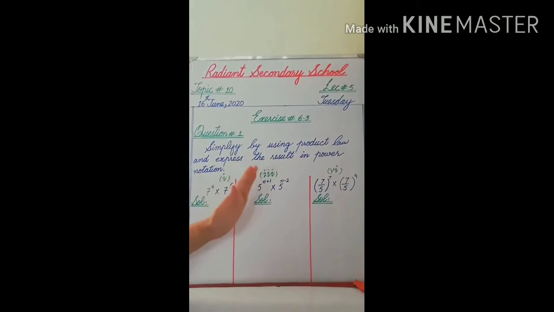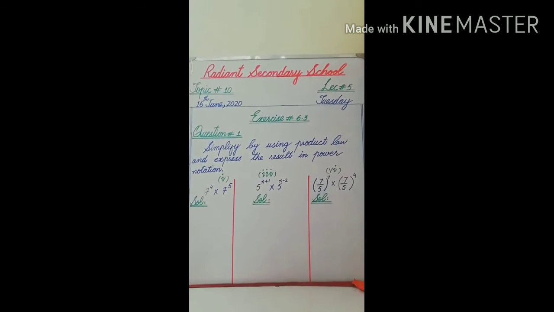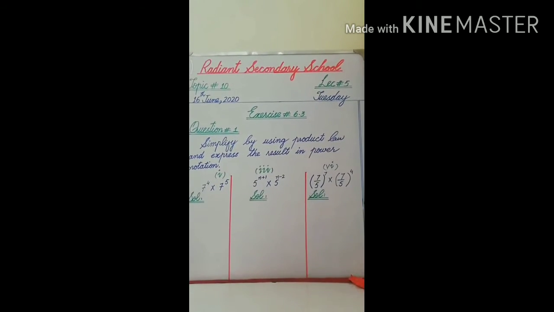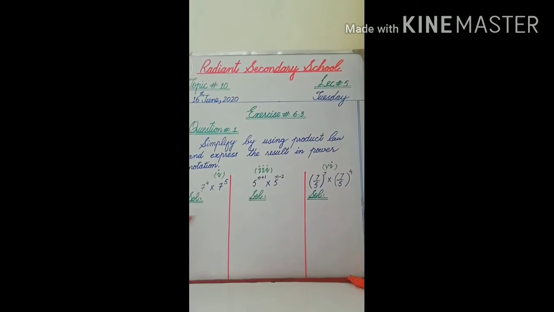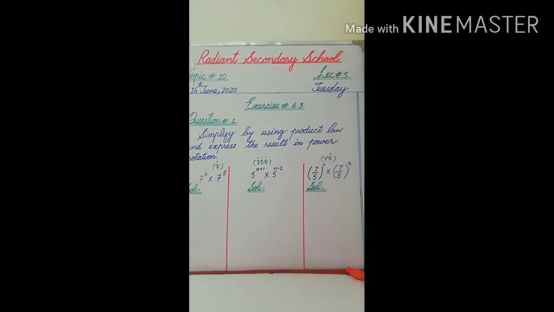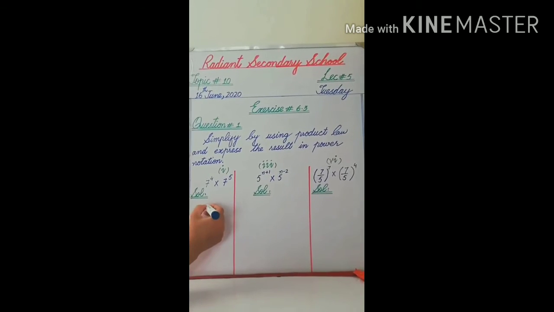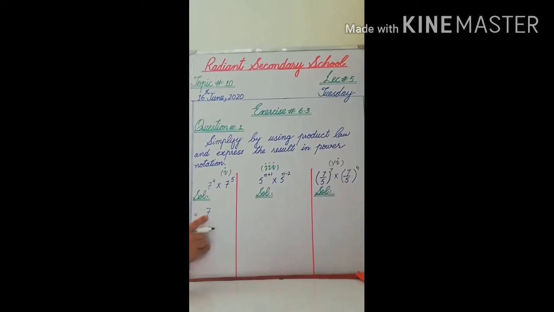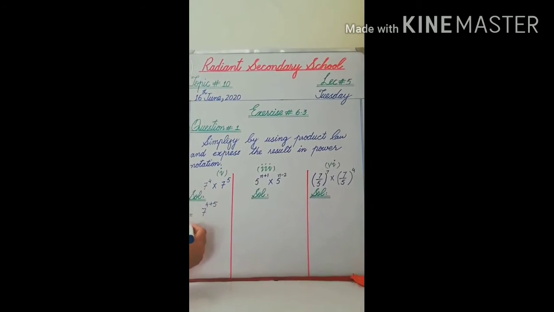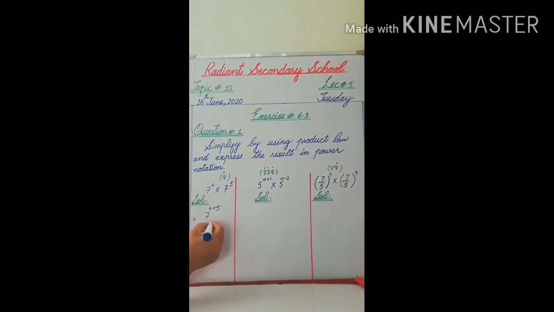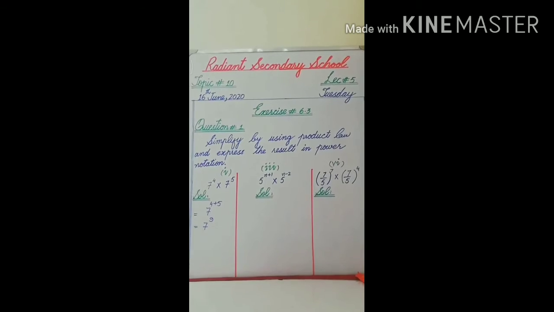So what we have to do? This is the first condition of product law, and we have to add their exponents, right? 7 will remain as it is. We will write one time, and we have to add their exponents. 4 plus 5. Answer will be 7 raised to power 9.